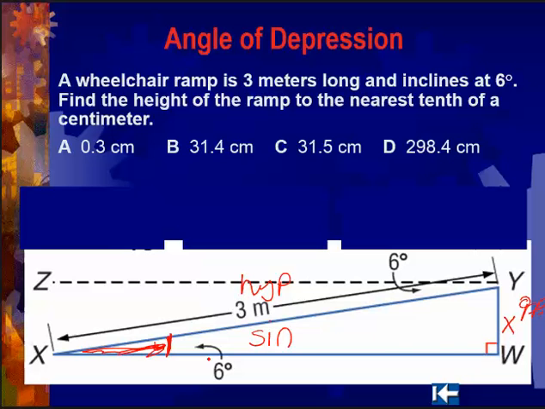So a sine of my degrees, 6, equals my opposite value over my hypotenuse value. Okay. Hopefully you can figure this out now. So if I cross multiply, I get 3 times sine of 6 equals 1 times x, which is x.